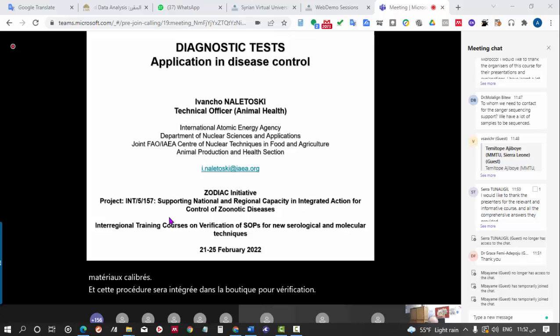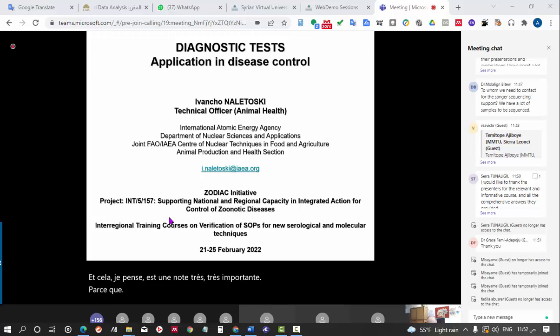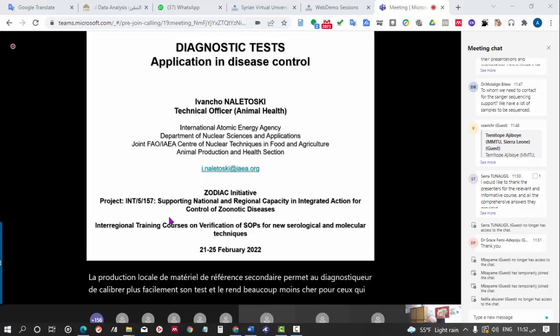And this, I think, is a very, very important note, because local production of secondary reference material makes it easier for the diagnostician to calibrate their test, and makes it much cheaper for those who support or permanently pay for standard reference materials produced by the reference laboratories.